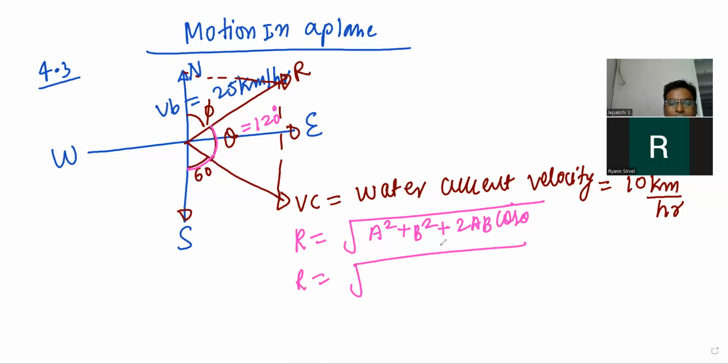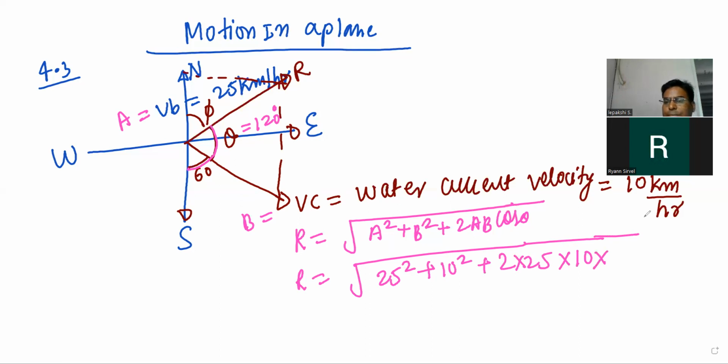So R equal to, we will take this as A and this value as B. So A square is 25 square plus 10 square plus 2 into 25 into 10 into cos theta. The cos theta value we will take as cos of 120.